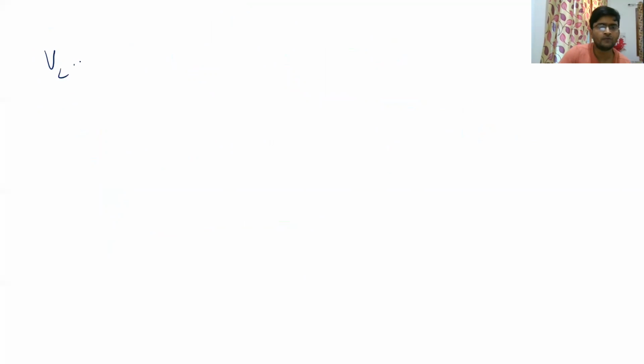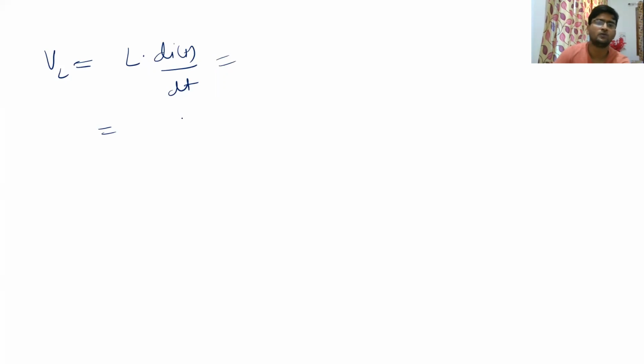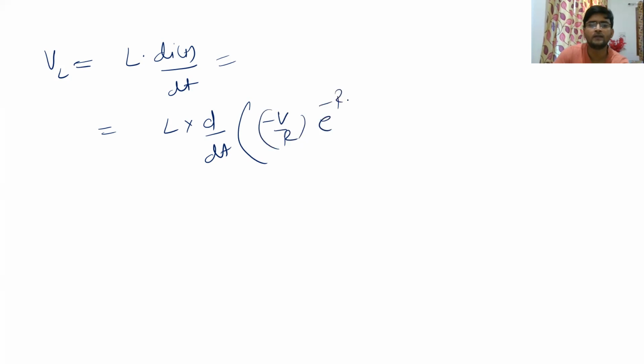So VL, as you know, is L di/dt. If you put the value of i(t) from equation 2 in this equation, you are going to get L into d/dt of minus V by R e to the power minus Rt by L plus V divided by R. If you differentiate, this term will be 0 since it is a constant.